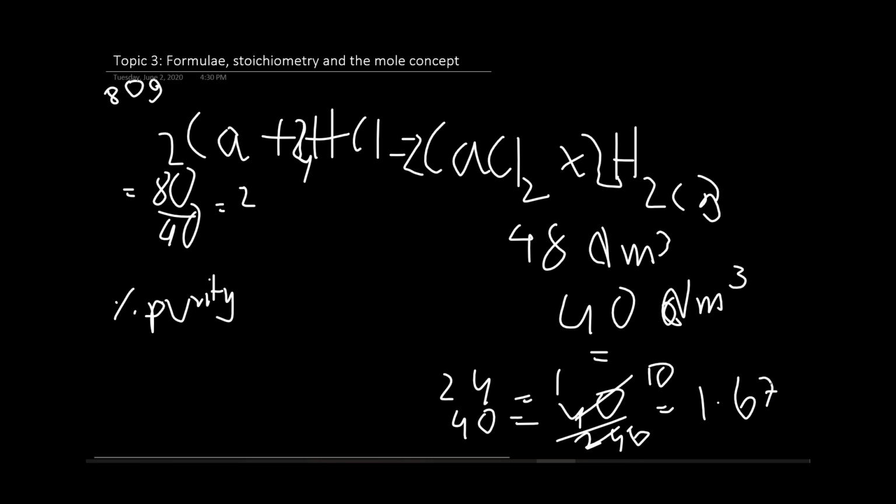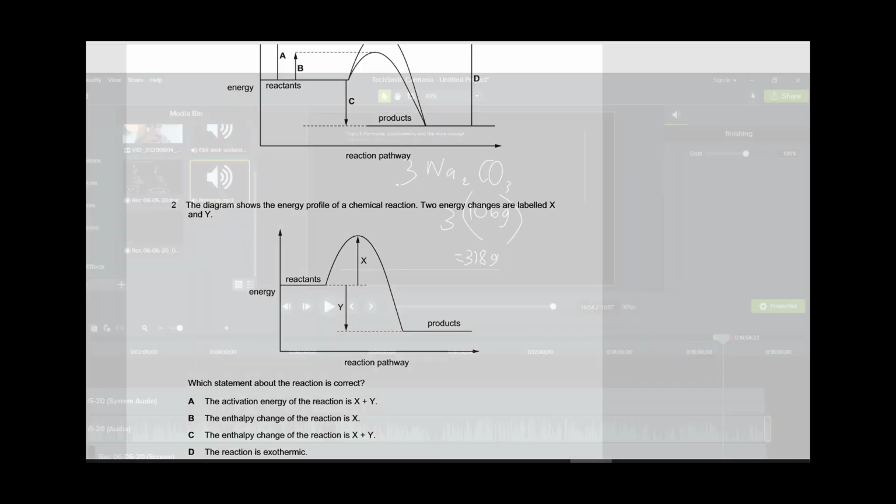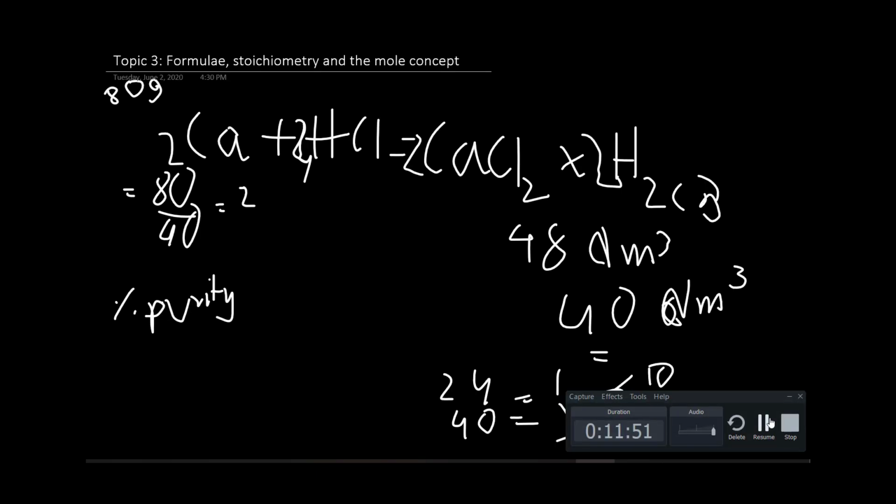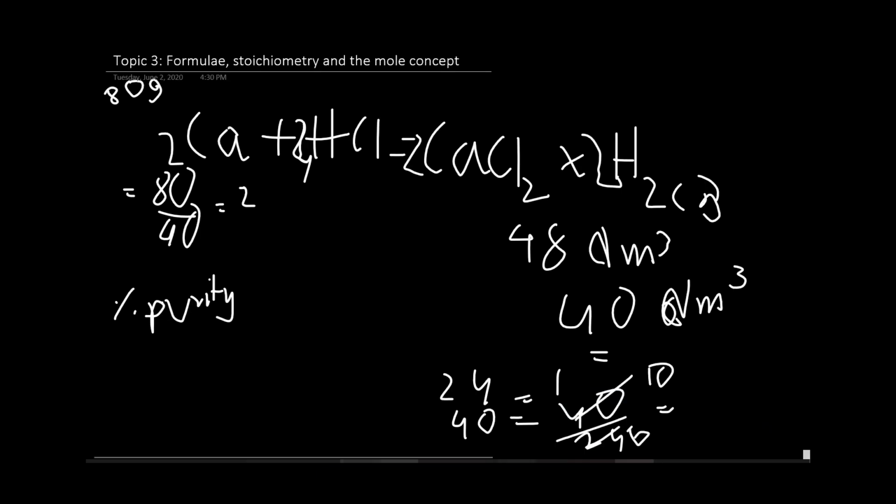In these cases I suggest you write it in a fraction, so 5 by 3. We'll be writing it as 5 by 3 in fractional form, just to maintain your accuracy.